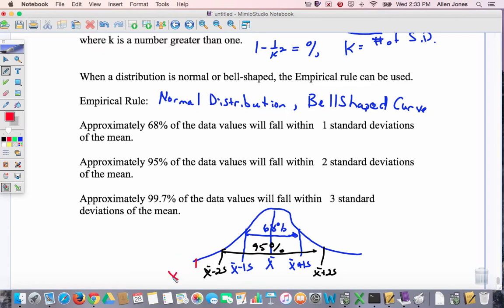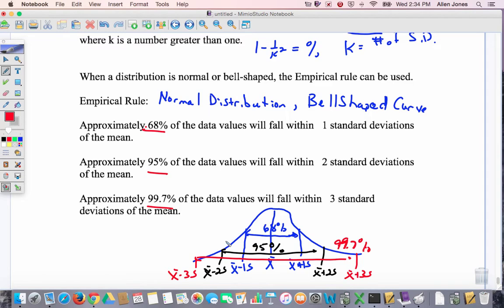And there's one more number. If we go down a 3rd standard deviation or go up a 3rd standard deviation, then between those two numbers 99.7% of the values will fall. So you can see those listed up here: 68% within 1, 95% within 2, and 99.7% within 3.